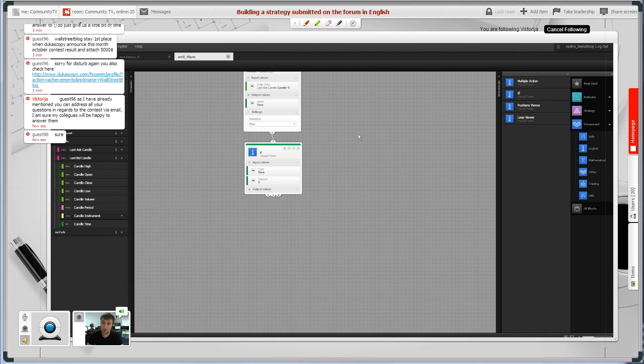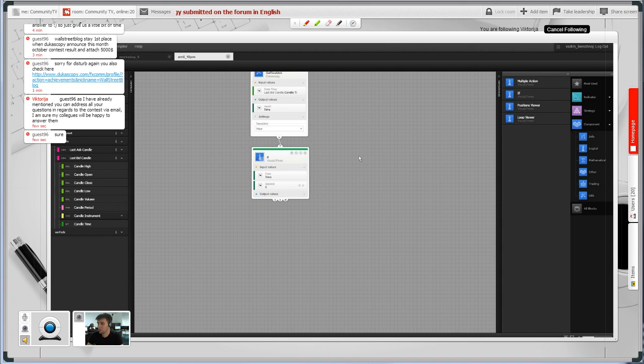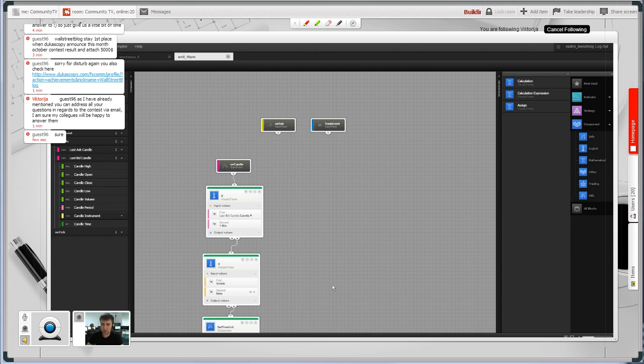If the time is 6 a.m., we calculate the highest high. Okay, let's arrange the blocks another way.